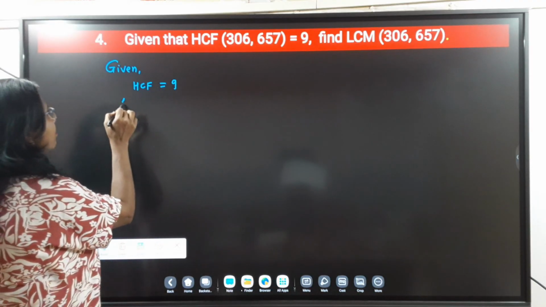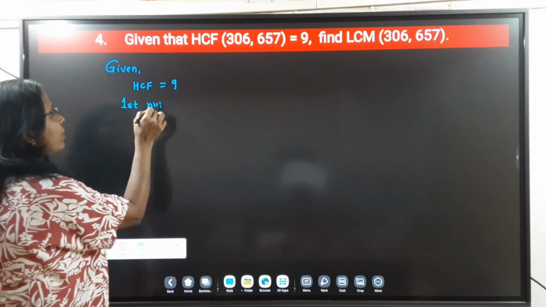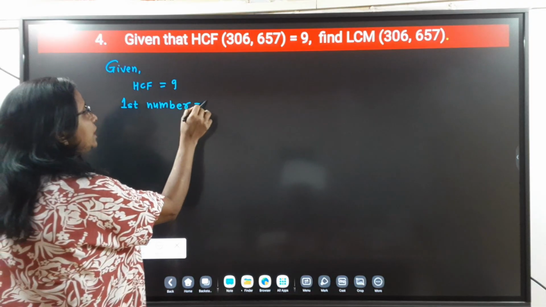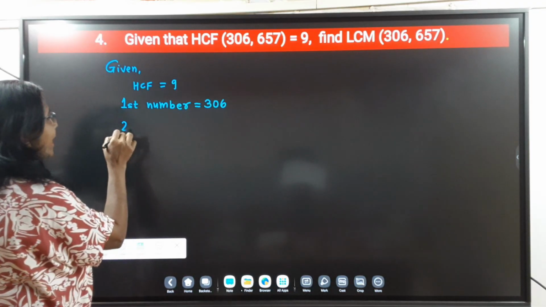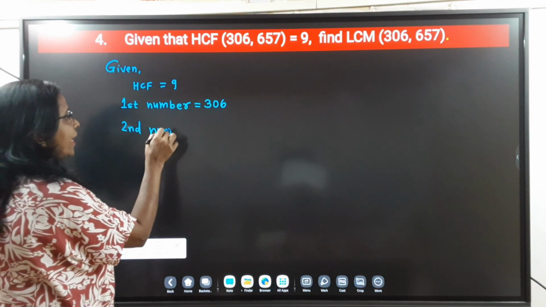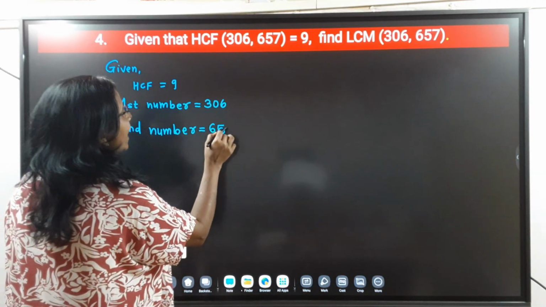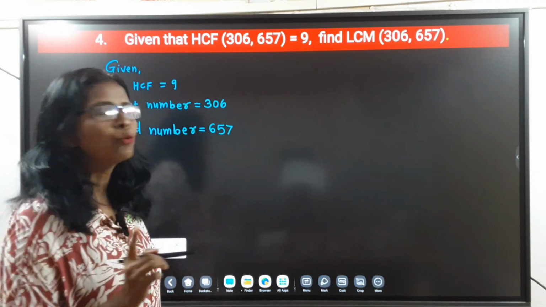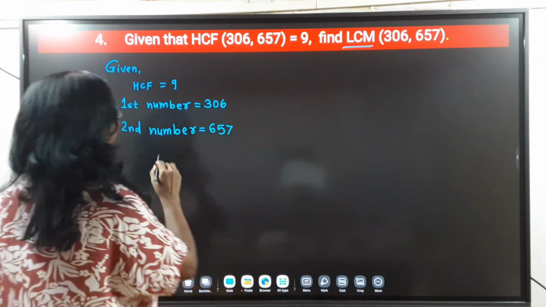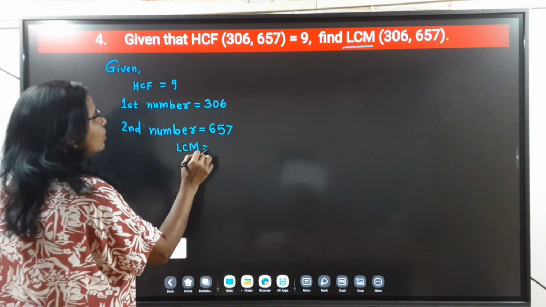The first number is equal to 306 and the second number is equal to 657, and we have to calculate the LCM. So I write down LCM is equal to question mark.